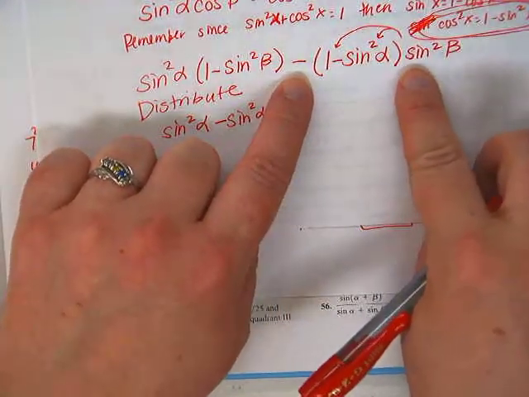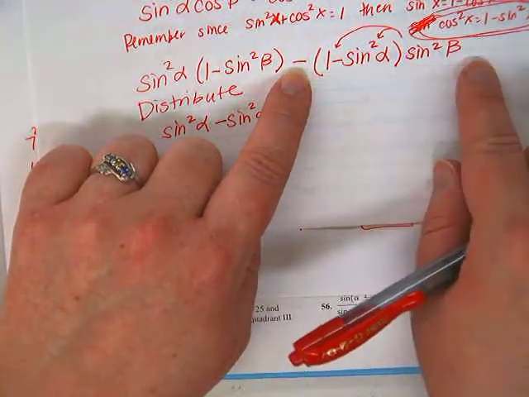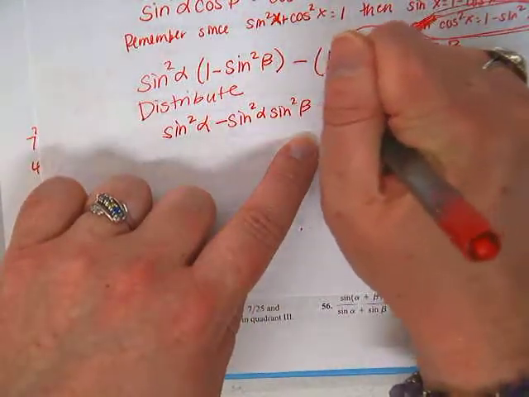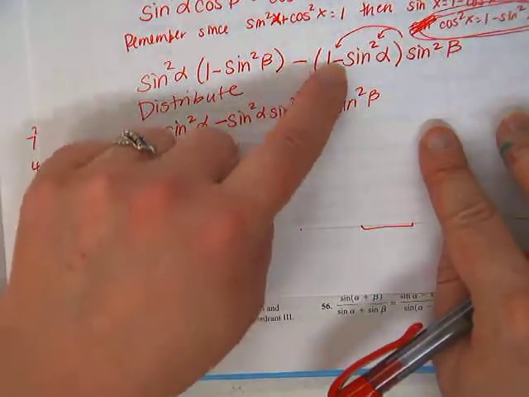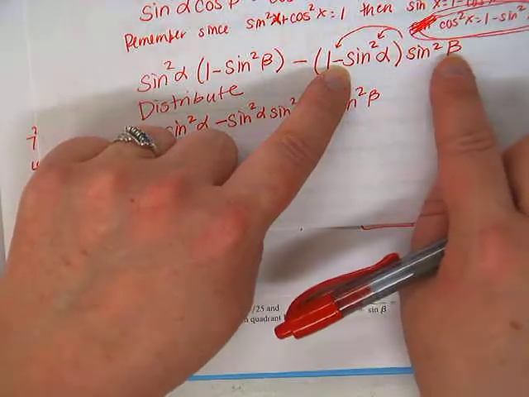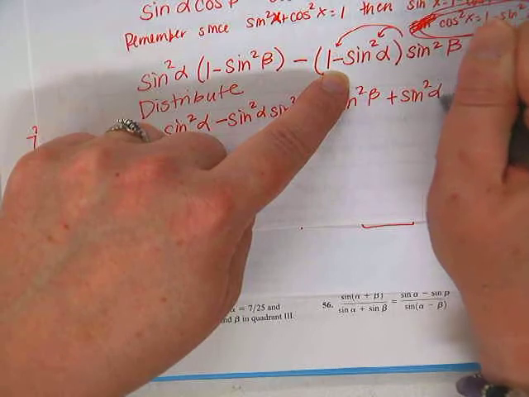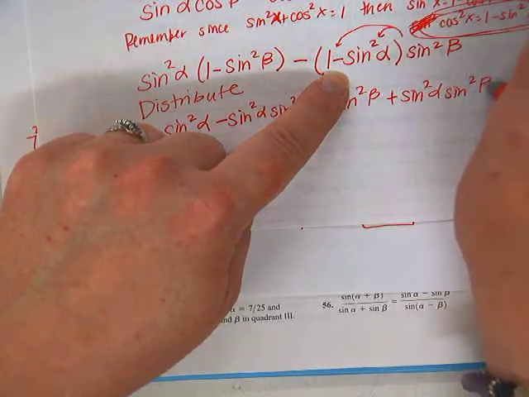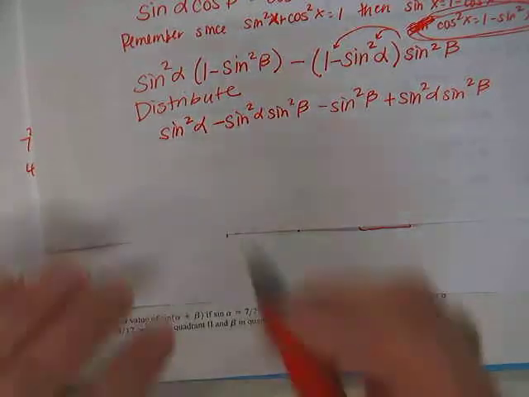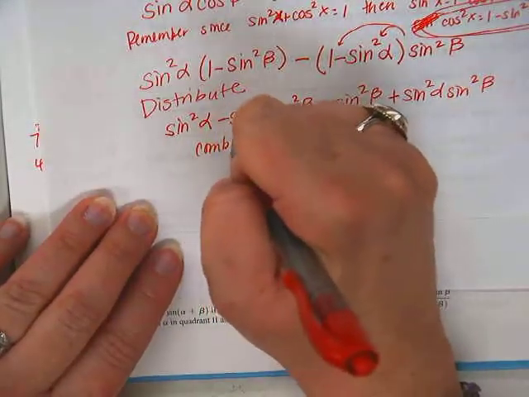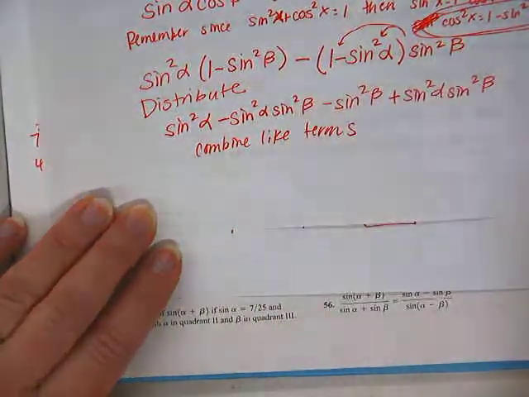Okay, then let's distribute this sine squared beta through this, but I also want to include the negative when I distribute it. So it'll be negative 1 times sine squared beta. So that's just a negative sine squared beta, correct? And then it'll be a negative times a negative sine squared alpha, so a negative times a negative is a positive sine squared alpha sine squared beta. Okay. Now combine like terms.